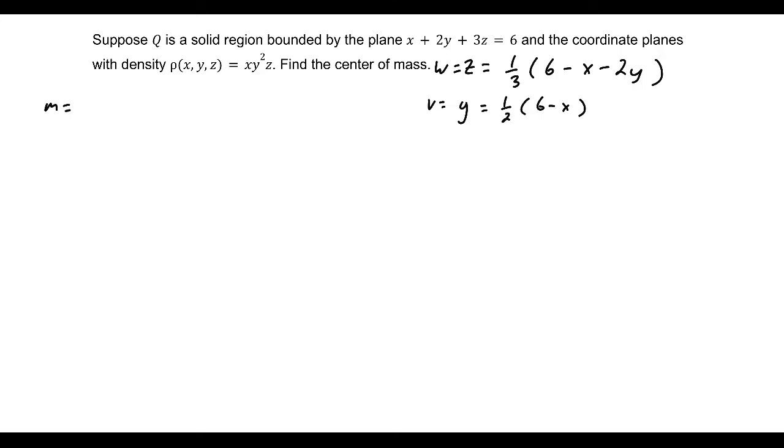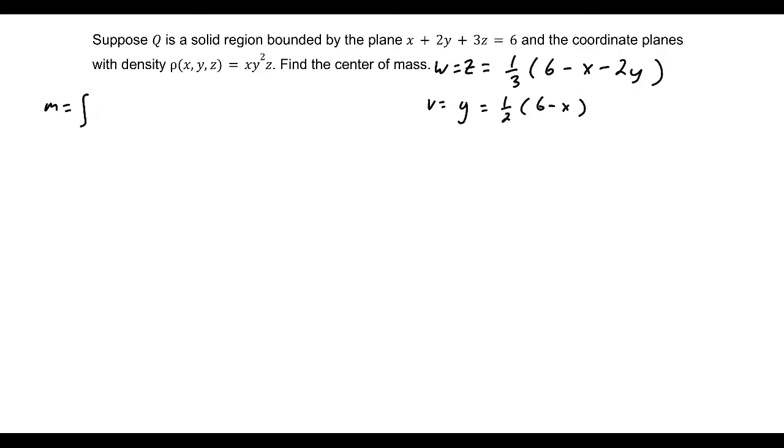Now, in finding mass, that would be equal to the integral from, oh, I didn't find my x values. Jumping back over here, if we restrict ourselves only onto the x-axis, that means y and z are both 0, then we find that x goes from 0 to 6.